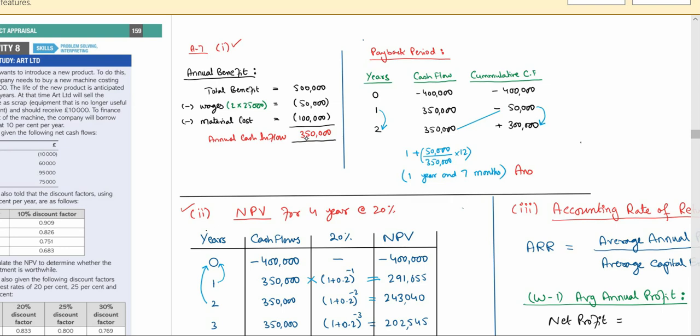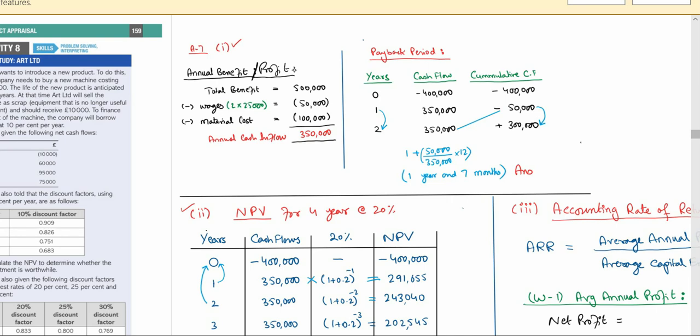This is the annual inflow. 5 lakh is the total revenue, 50,000 is the wages, and 1 lakh is the material cost, 350,000. So annual cash inflow is our annual benefit, and this is our profit as well.